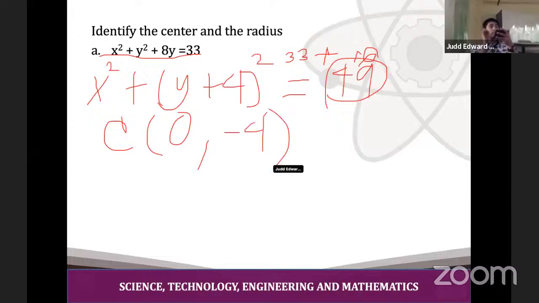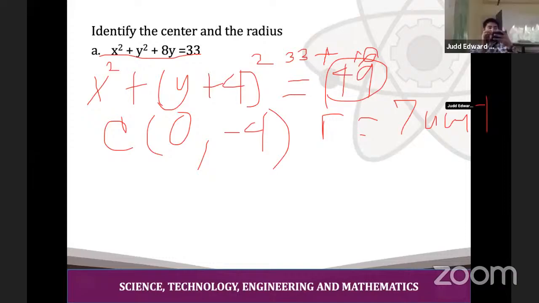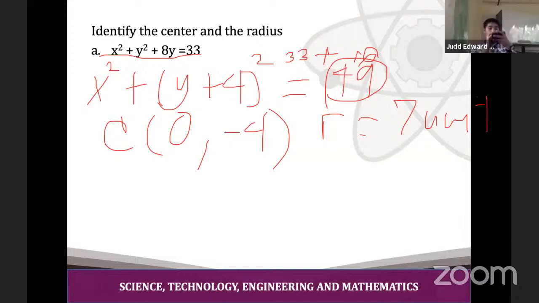Okay, nakuha na. 0, negative 4 is the center. And what is the radius? 7 po. 7 units. Okay, so anong masasabi natin dito sa example natin? Always remember, kung walang kasamang ibang variable na x at x squared lang siya, 0 siya kaagad. Maliwanag ba?